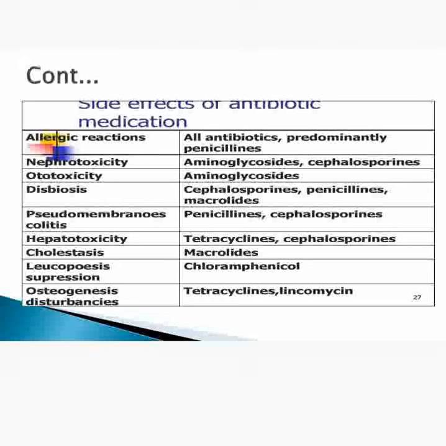Macrolides may cause cholestasis, which means disturbance of the liver bile duct. Chloramphenicol may cause leukopoiesis suppression, which means reduction of leukocyte production. So it is very dangerous for both humans and animals. Tetracyclines and lincomycins may cause osteogenesis disturbance, which means a reduction of bone growth.